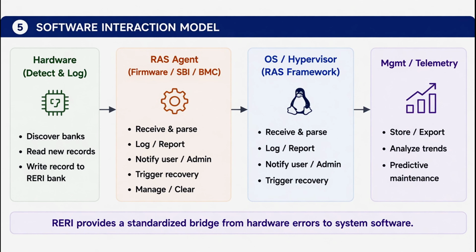The OS or hypervisor, the RAS framework, receives and parses, logs and reports, notifies user or admin, and triggers recovery. Then management and telemetry, often a BMC or out-of-band controller, stores, exports, analyzes trends, and enables predictive maintenance.